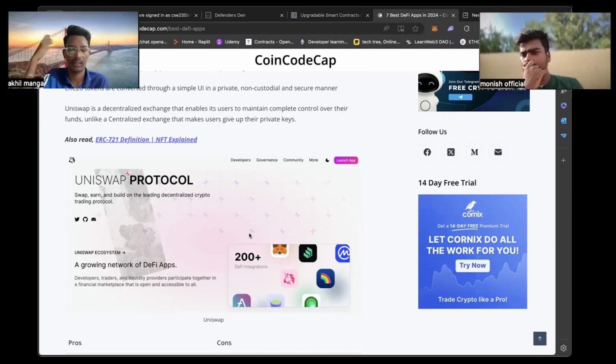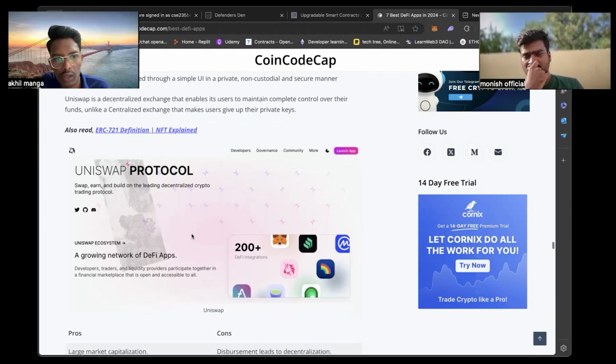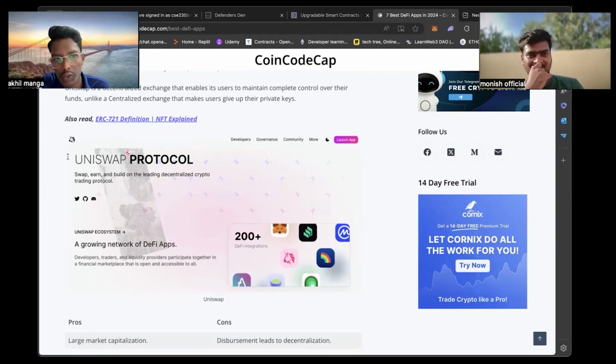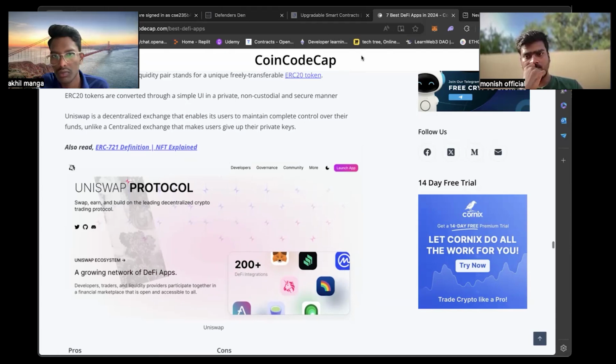We'll discuss them in the future. To convert from one token to a different token, we have a protocol called Uniswap. We swap our different tokens. If I have USDC and I want some USDT, I'll swap. Do you want to see the Uniswap website?